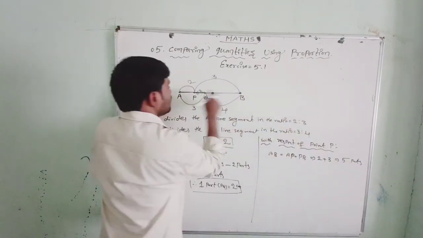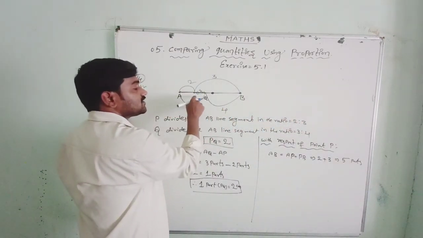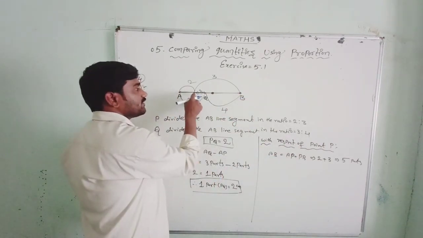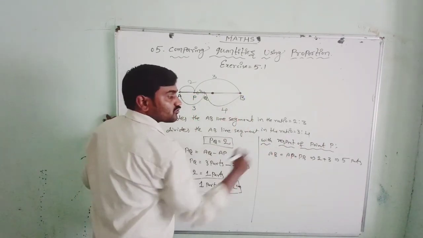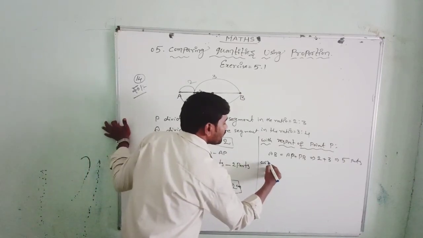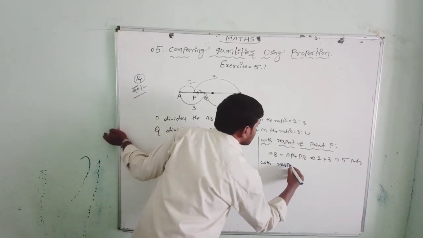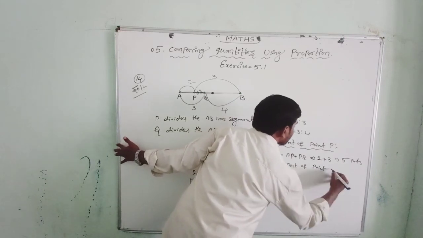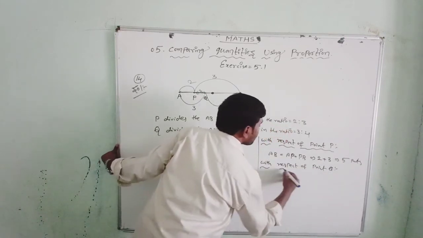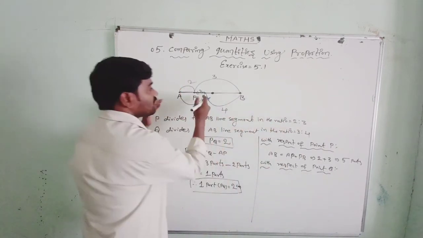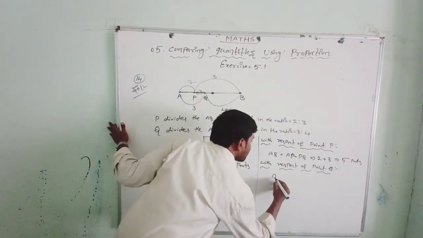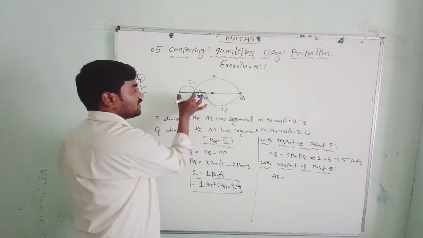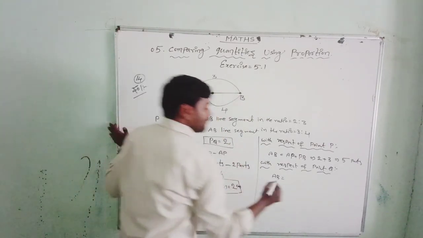This P divides the AB line segment into 5 parts. Now with respect to point Q, let us observe from point Q. From point Q, how much is the AB segment? How does this Q divide the AB line segment?